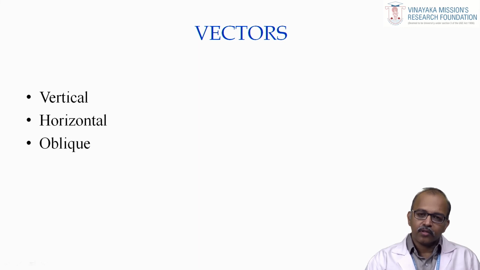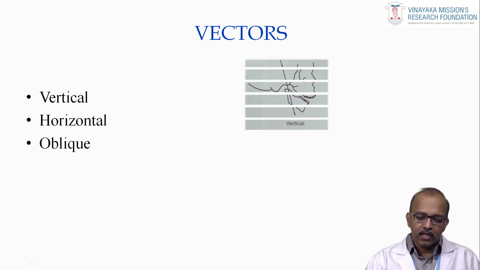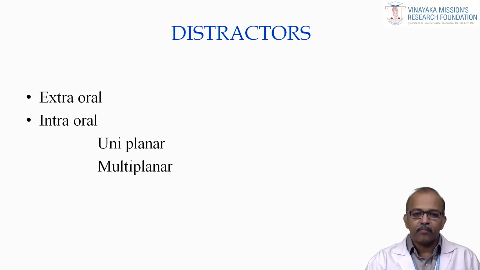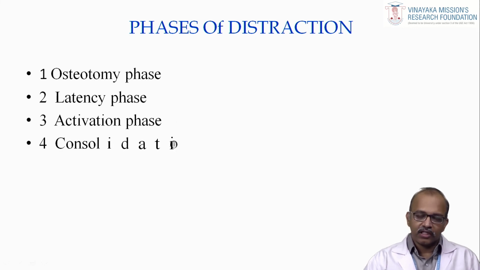Three vectors are possible: vertical, horizontal and oblique. The distractors can be intraoral, extraoral, uniplanar or multiplanar. There are 4 phases of distraction. The first is the osteotomy phase, where you place the osteotomy cut and fix the device, then leave it for 3 to 5 days.